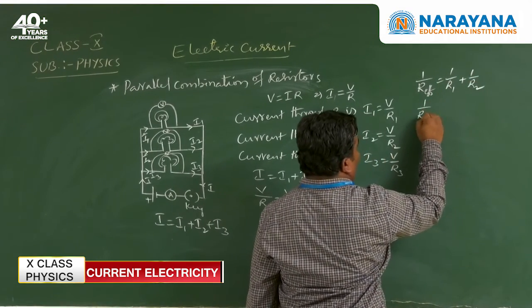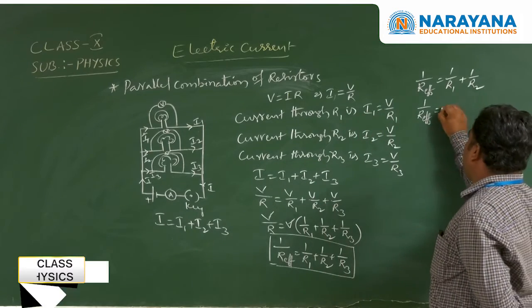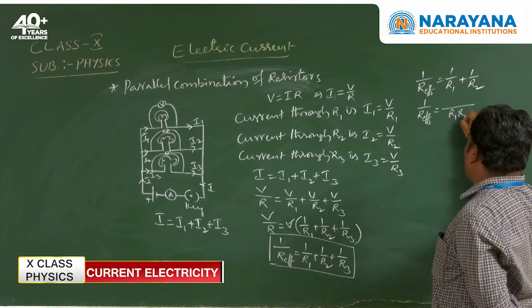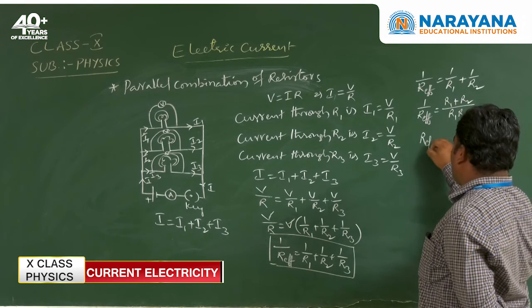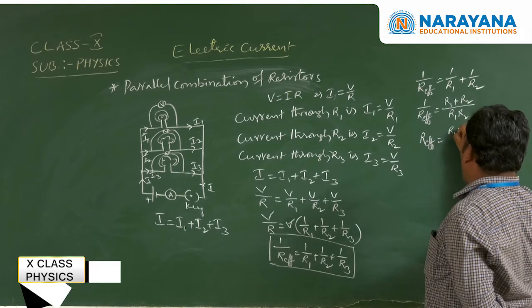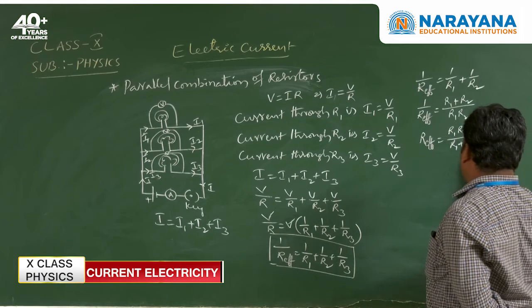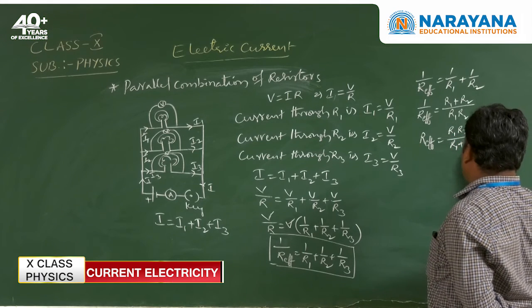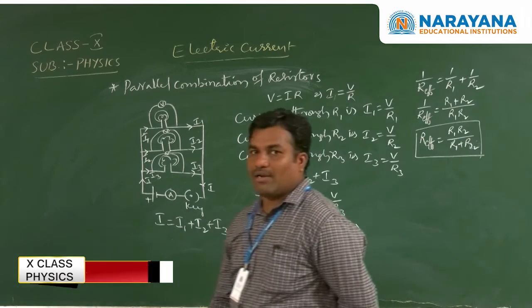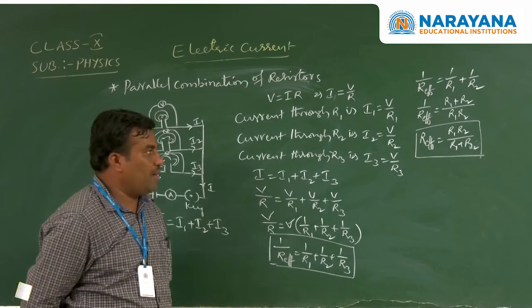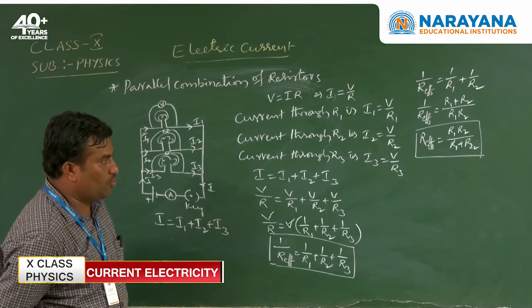Taking the LCM, R effective is equal to R1 R2 by R1 plus R2. This is the effective resistance of two resistors in parallel.